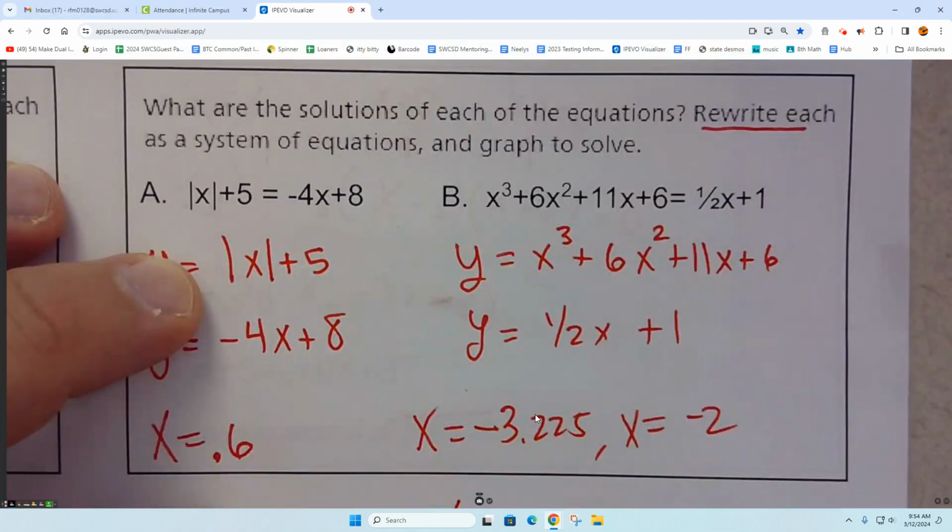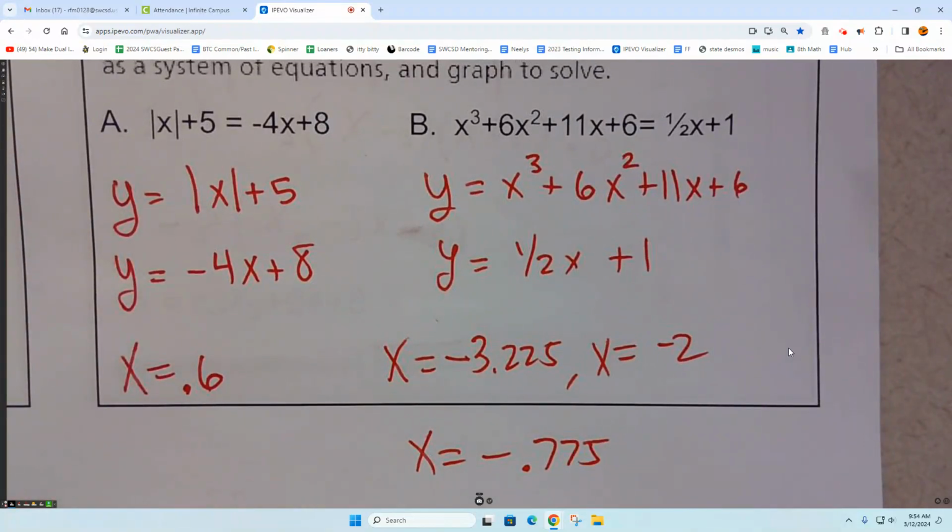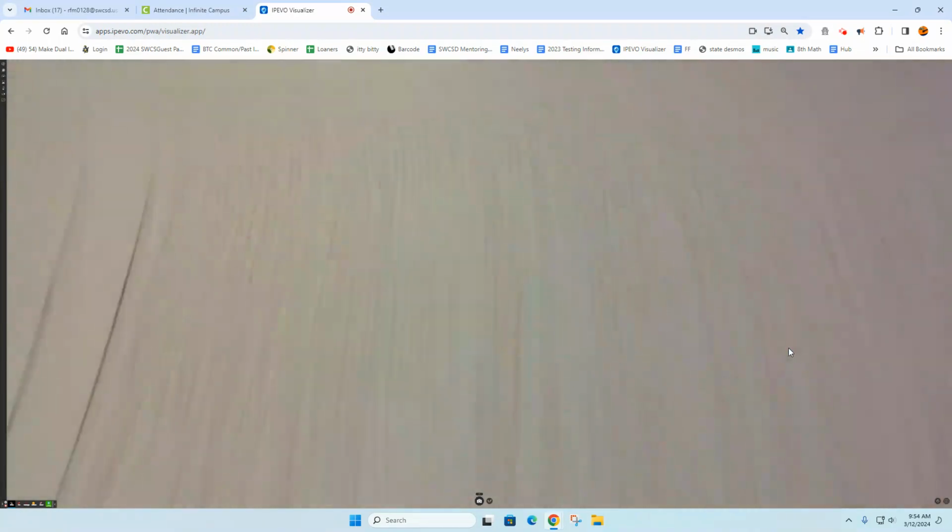Fundamental theorem of algebra says there should be how many solutions? 3, and there they are. Not all the time will there be that number of solutions. Up to 3, yes. So there could be 0, 1, 2, or 3. For 4, there could be up to 4. That's what the fundamental theorem of algebra says.